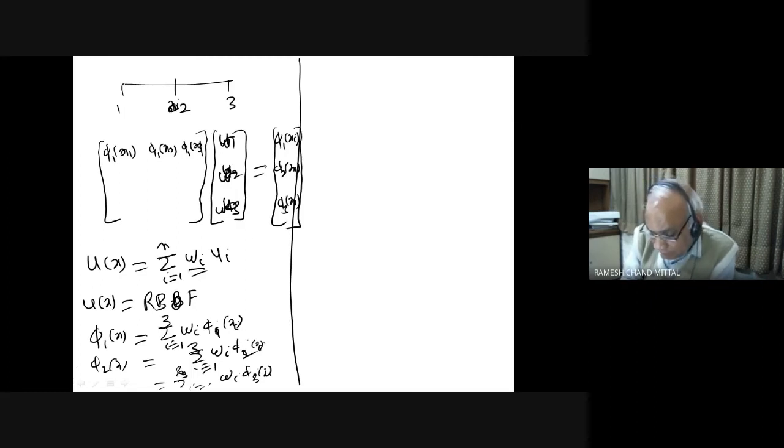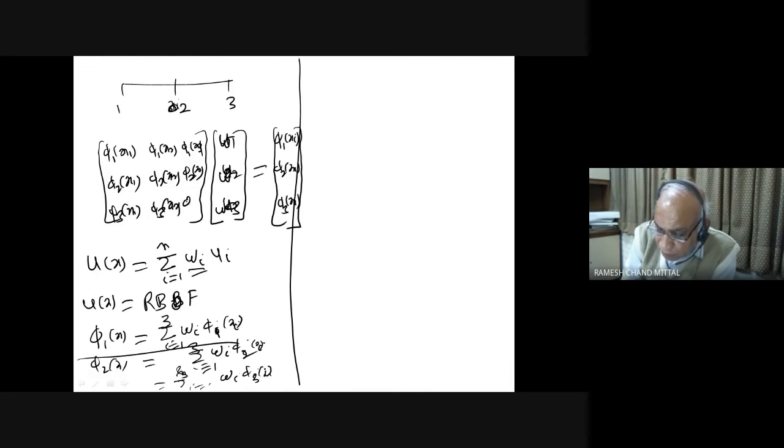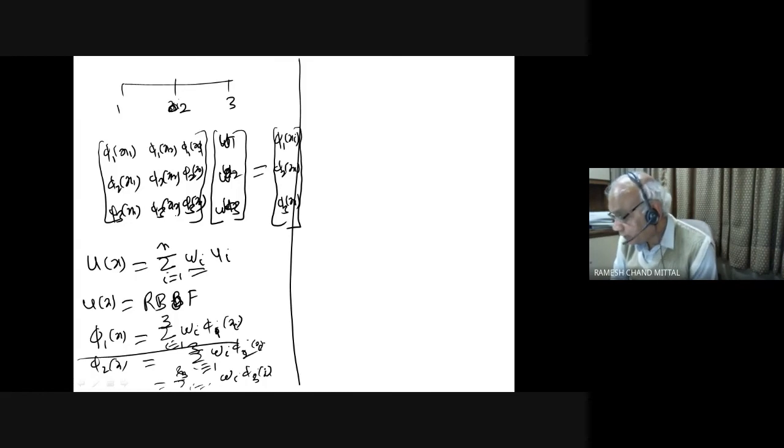So you have my first equation. Then you have phi 2(x1), phi 2(x2), and phi 2(x3). Then you have phi 3(x1), phi 3(x2), and phi 3(x3). I have this equation. If I take phi 1, phi 2, weight function is used.